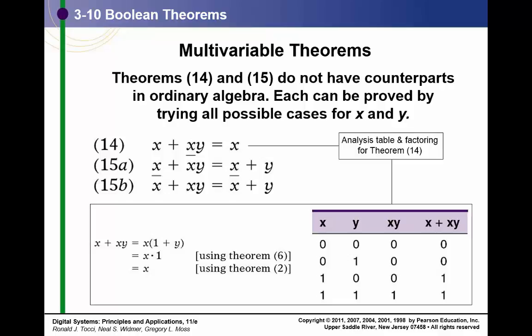But the first one here, number 14, is fairly easy, and you can solve that by saying X ORed with 1 plus Y: this term is always going to be equal to 1, so it just equals X. These two are a little trickier: X plus X naught Y is equal to X plus Y, and X naught plus XY is equal to X naught plus Y. Those two I tend to forget.